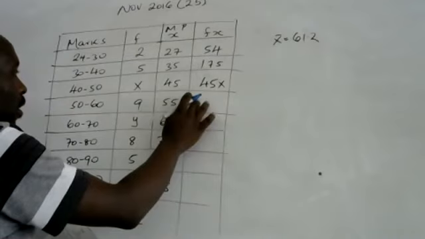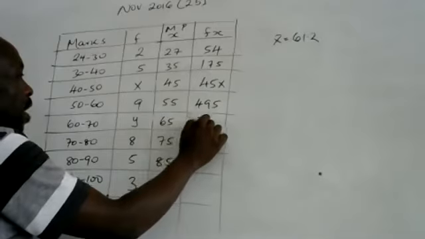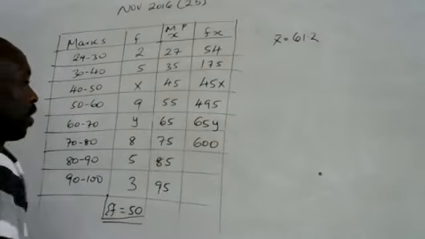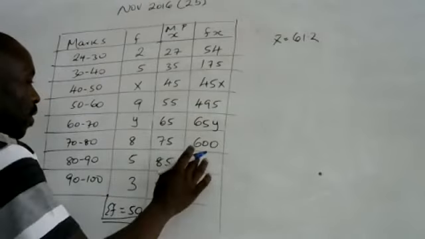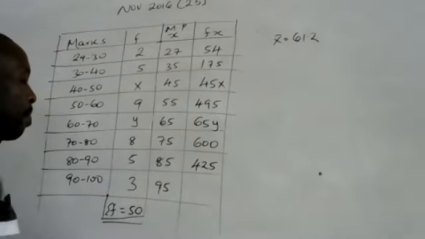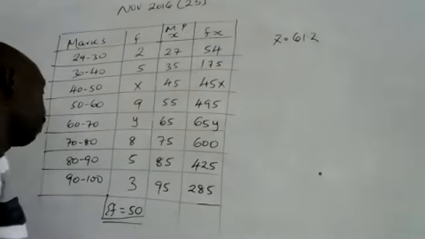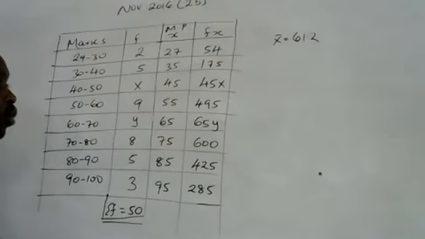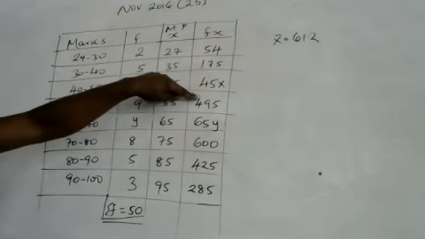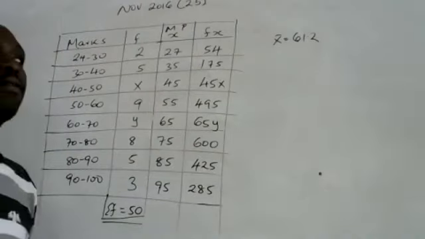This one will be 65y. 600. 425. 285. Now, what I want you to do is to add the ones that do not have x and y: 54, 175, 495, 600, 425, and 285.